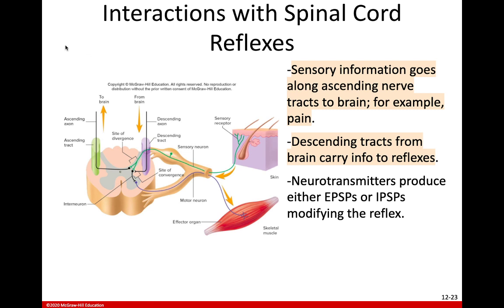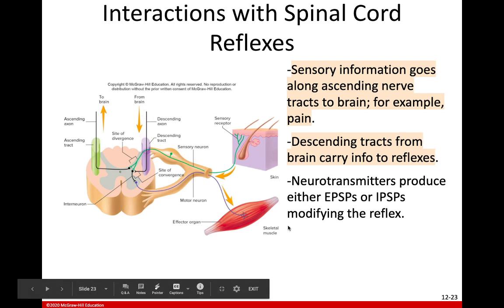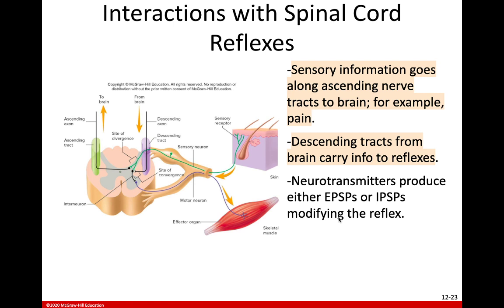So sensory information from our spinal cord goes along ascending tracks to the brain, and then descending tracks from the brain, that's the purple, carry the information down the spinal cord about the reflexes. Okay, so ascending tracks, ascending is up, so going to the brain, descending coming down back to the spinal cord, letting our brain know that these reflexes are going on, that this is happening.